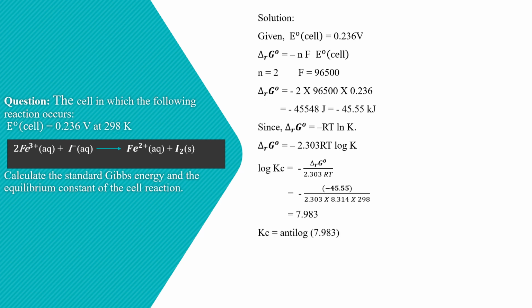For finding the value of the equilibrium constant Kc, we have to take the antilog of 7.983, and after rearranging, the value of the equilibrium constant comes to be 9.62 into 10 to the power 7.